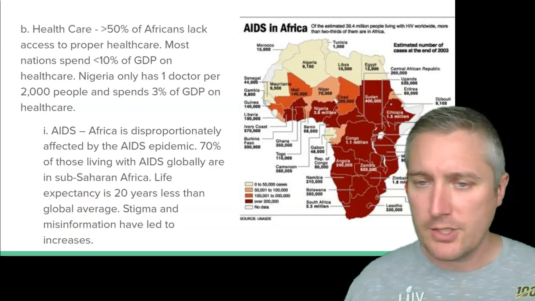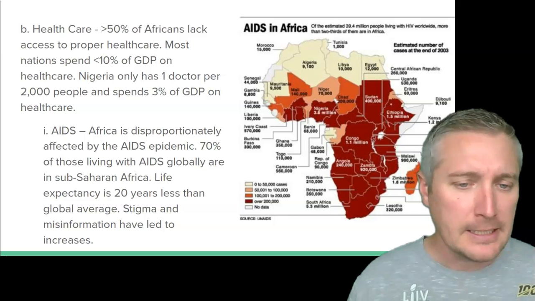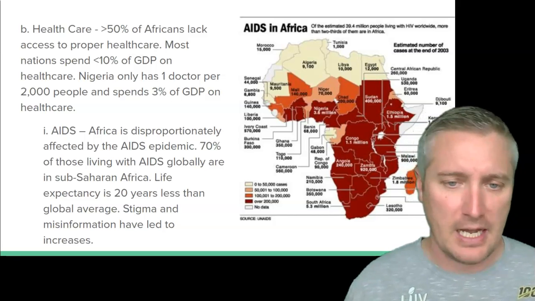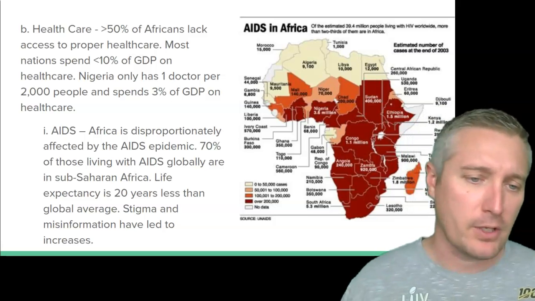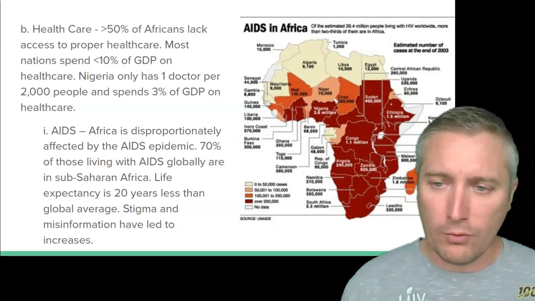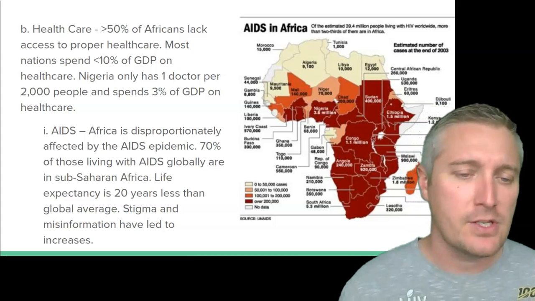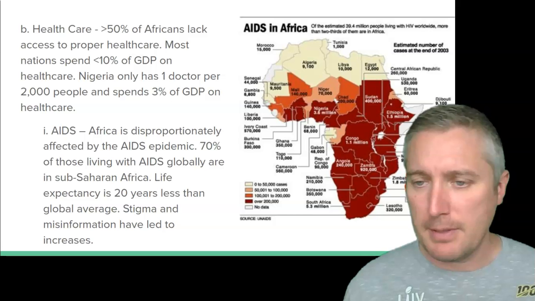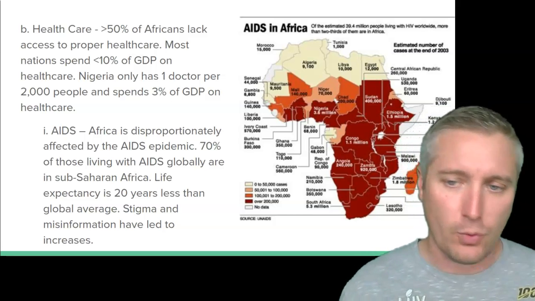People don't realize often how AIDS is spread, so it spreads more rapidly. You can see there, the further you go south, about 70% are living in sub-Saharan Africa. And, overall, even though we made some tremendous advancements in combating AIDS, ultimately people are living about 20 years less in Africa with AIDS than they are elsewhere.